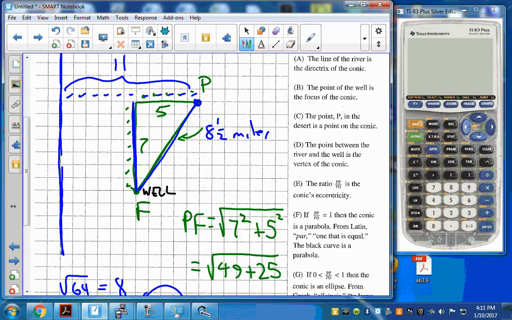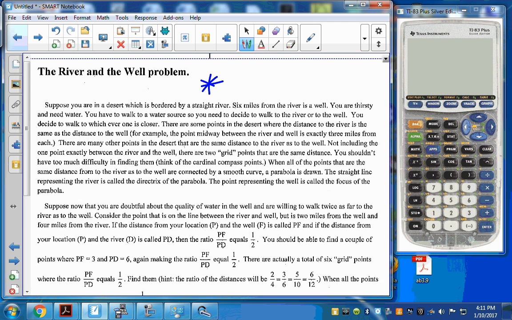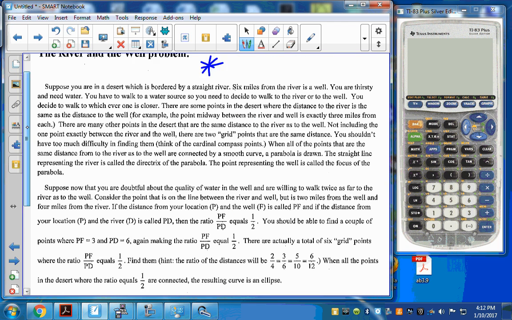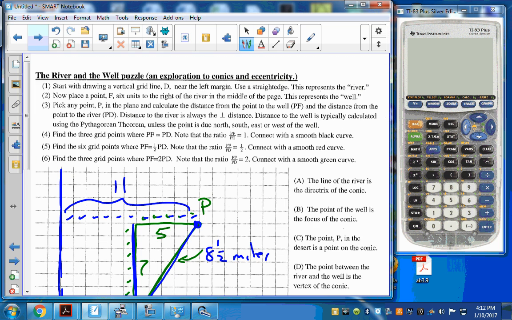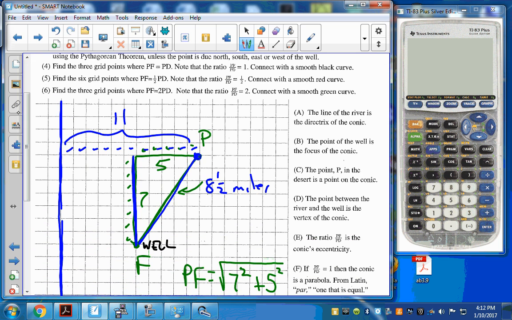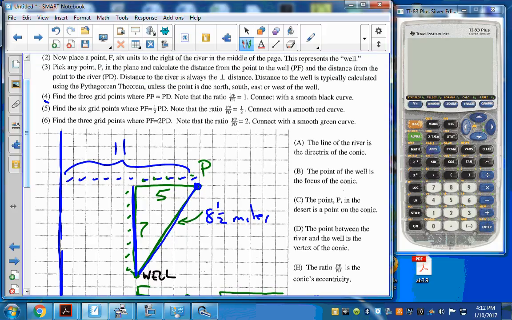Okay. Now, I would like you to spend some time working on this river and well problem. The directions are off here to the right, right? Problem 4, right? You're supposed to have a hard copy.